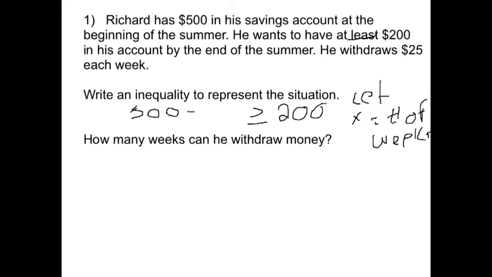And each week he's going to withdraw $25, and we don't know how many weeks that's going to take him. So 500 minus 25x is greater than or equal to 200 because he's starting with 500. He's taking out $25 per week. We don't know how many weeks, and he needs to have at least $200. Now, the second question says, how many weeks can he withdraw money?